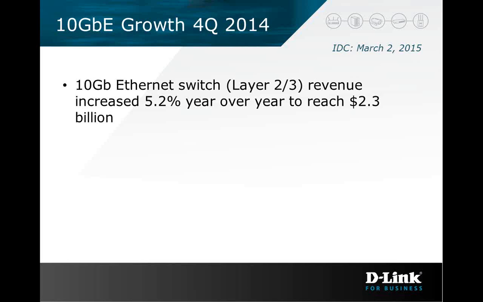I think this is from the fourth quarter of 2014. Revenue increased 5.2% in the fourth quarter to reach 2.3 billion. Now this is worldwide numbers, but they're talking specifically about 10 gig Ethernet, and 5% growth from quarter 4 of 2013 to quarter 4 of 2014 is a pretty good number.